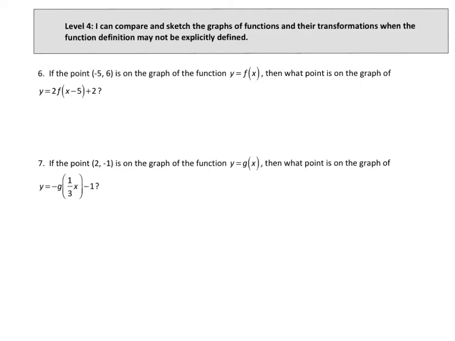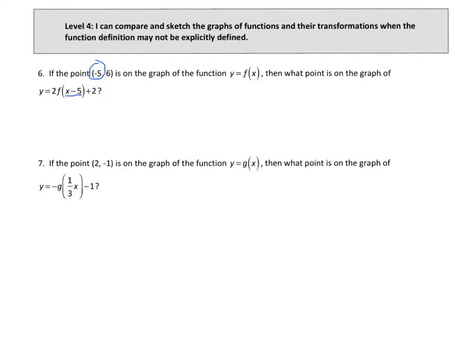So for this first example, we have a point -5, 6 that's on the function f of x. And then we're transforming that function and we want to find the new point on the graph. So first let's look at what happens to the x value. The x value on the original function is at -5.